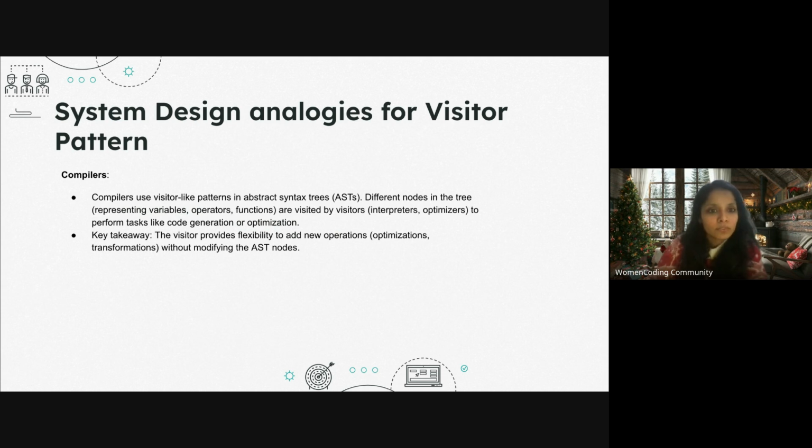We can start thinking about system design analogies for the visitor pattern. As an example, compilers are a great way to think about it, since compilers use visitor-like patterns in abstract syntax trees. Basically, in compilers they have to deal with different nodes.